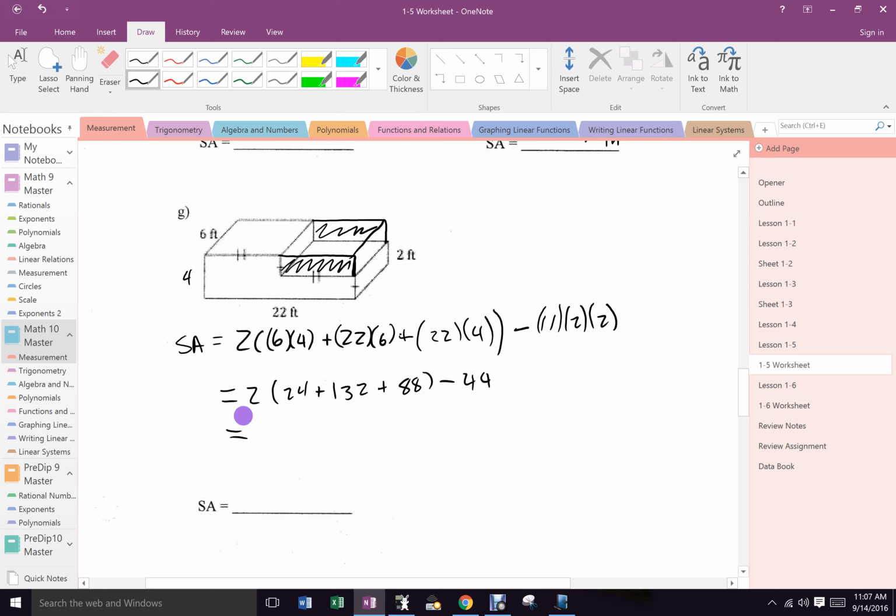Do all that math. 24 plus 132 plus 88 is 244, minus 44... 488 minus 44 is 444 centimeters squared.